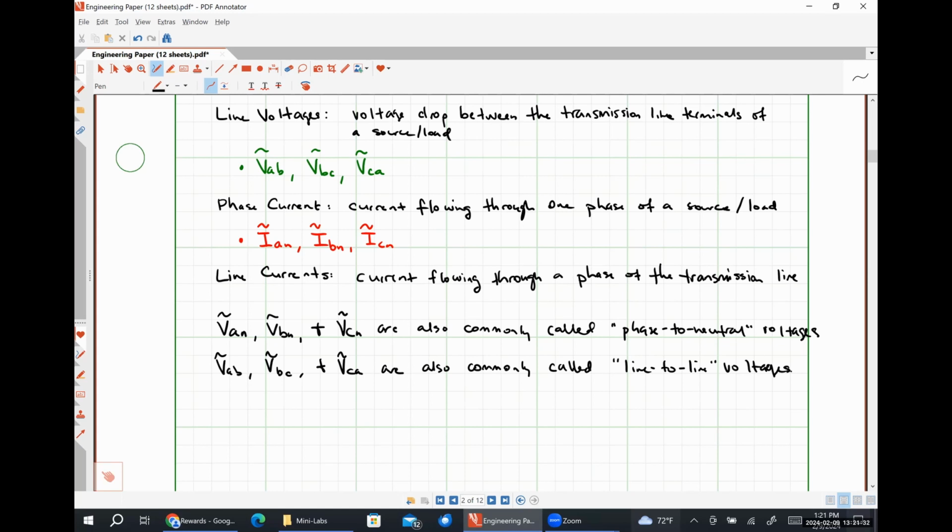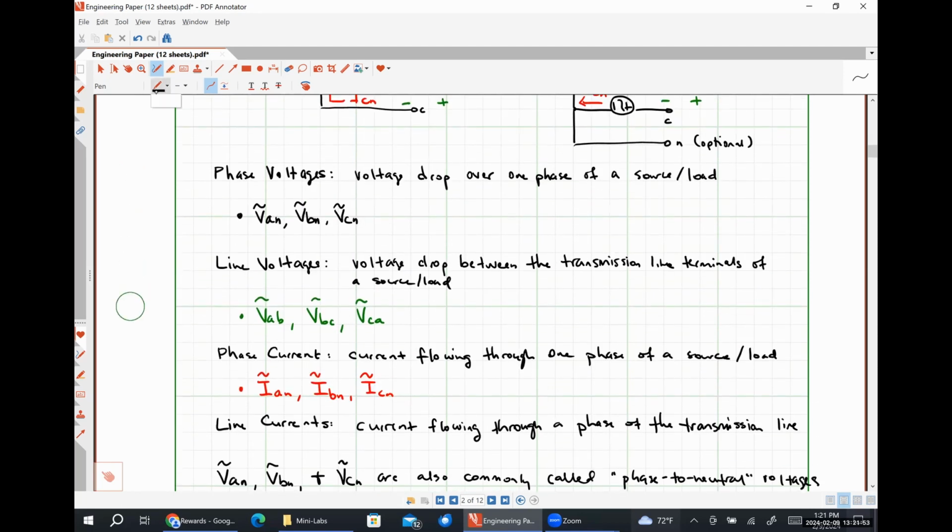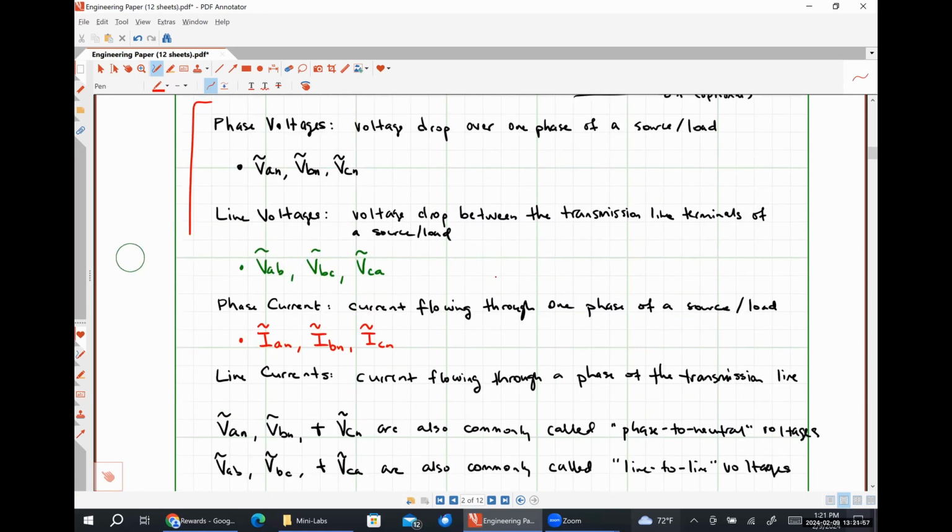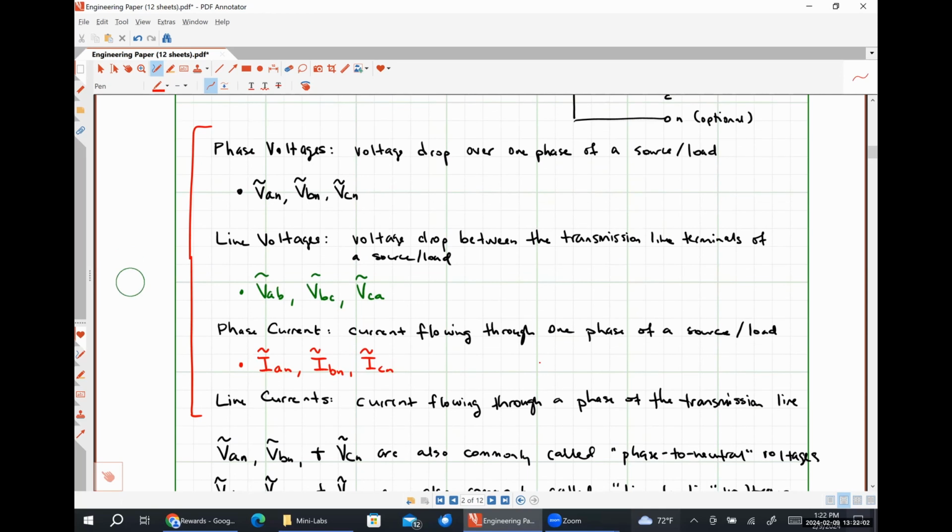Okay, so I'm trying to be as clear as I can possibly be about what the distinctions are between all of the different ways that we choose to call these different signals. I truly believe that the nomenclature is the hardest part of this material. So I try to specifically stay with these 4 things.